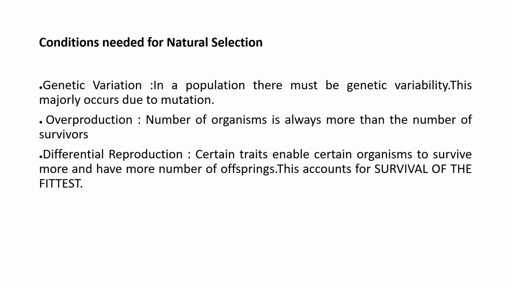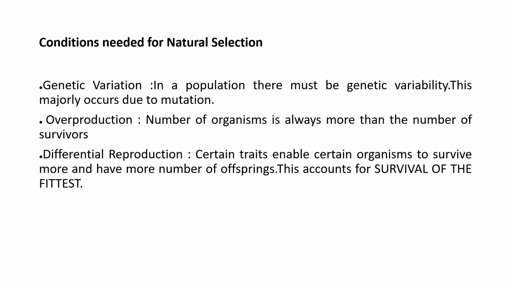Because even if certain of its eggs perish, there will be a decent number of organisms who will be surviving in the environment. So overproduction is a very important condition that is required for natural selection, so that there should be a good number of organisms that are surviving in a population.